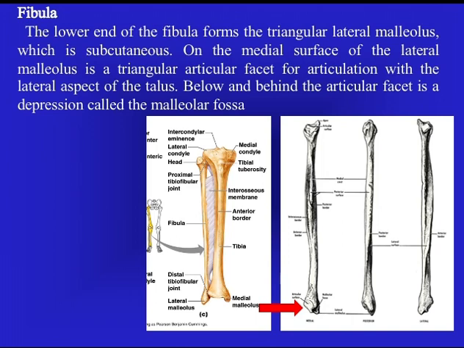This is the articular facet lined by hyaline cartilage to articulate with the lateral aspect of the talus. And this is the malleolar fossa to articulate with the distal end of the tibia laterally by the inferior tibiofibular joint.